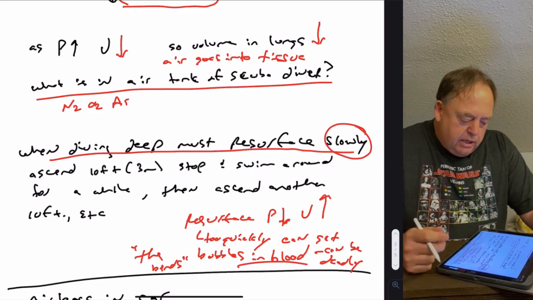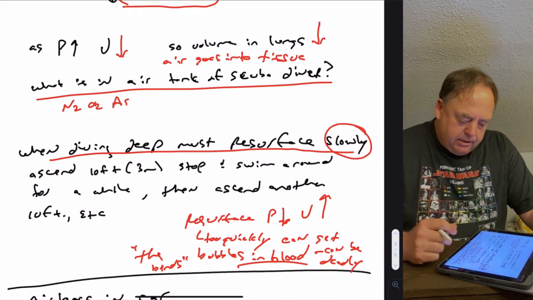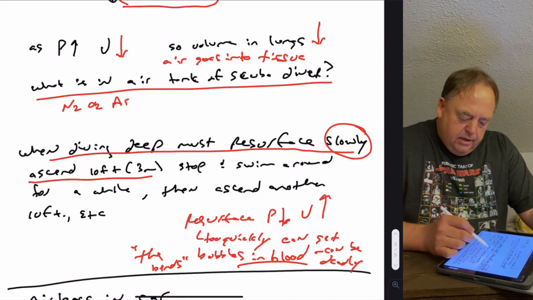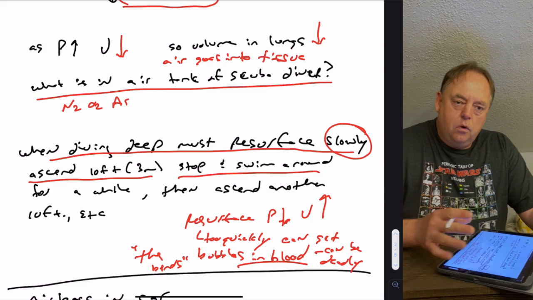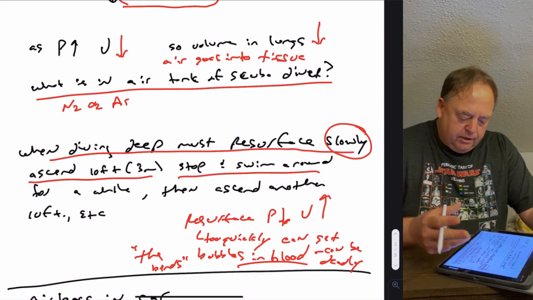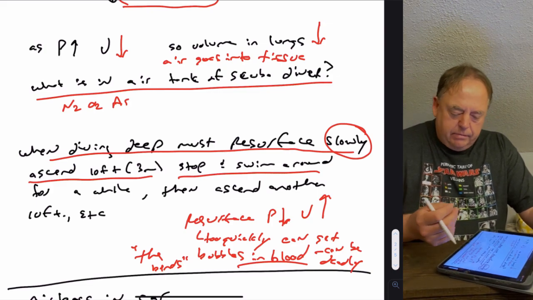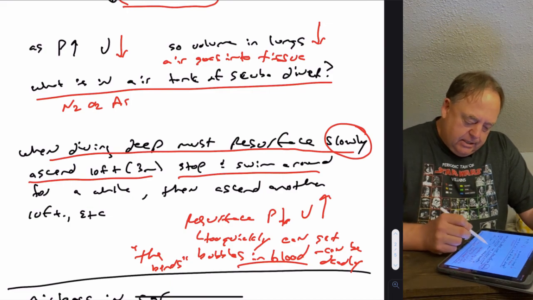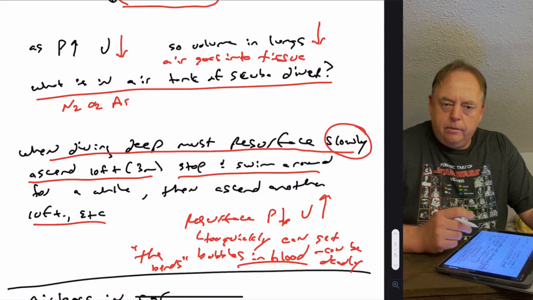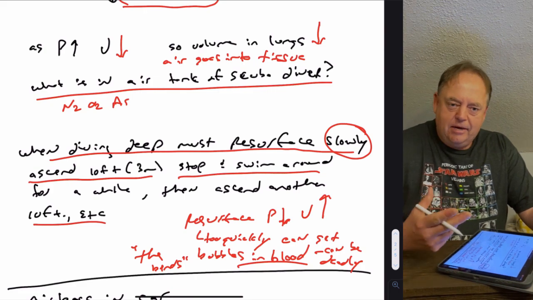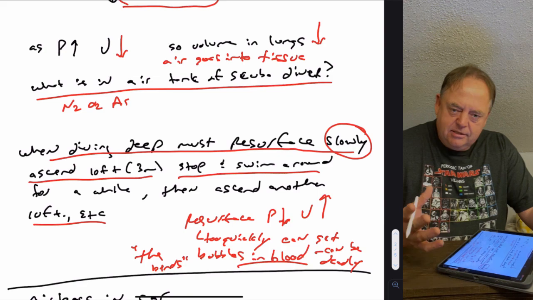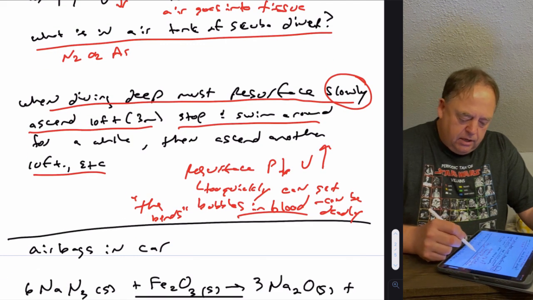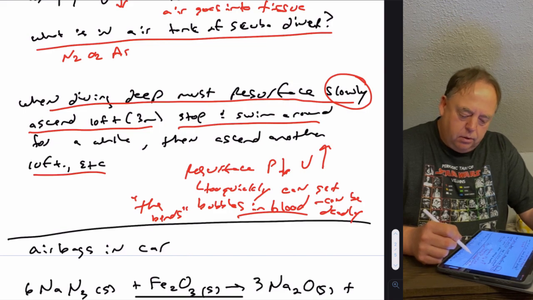Anybody who scuba dives deep has to resurface slowly. They would ascend about 10 feet, 3 meters, stop and swim around there for a while. That gives time for the extra gases coming back out of the tissues and blood to be exhaled. Then you ascend another 10 feet, stop and swim around again. That way one can avoid getting the bends, or even worse, a bubble in one's blood, which could be deadly.